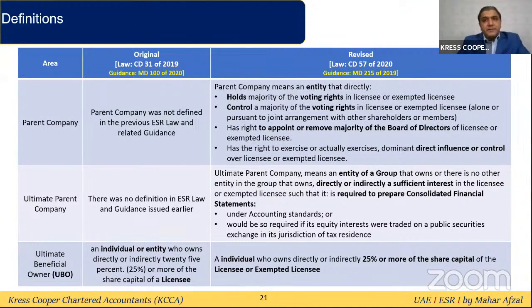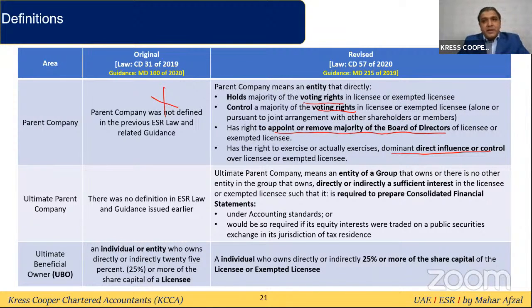The parent company has been defined properly. There was no concept of parent company in the previous law. It is the entity which controls the voting rights, which appoints or removes the majority of the board of directors, and which has dominant direct influence or control over the licensee or exempted licensee. This is called the parent company.